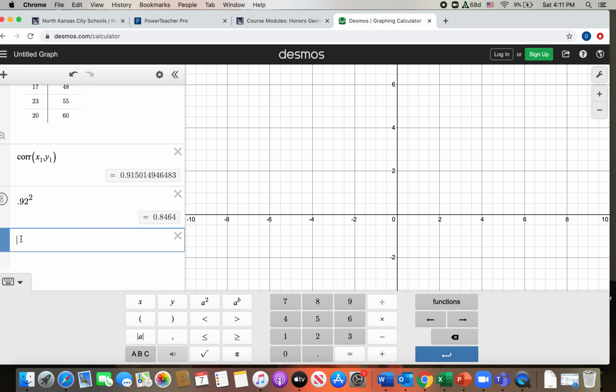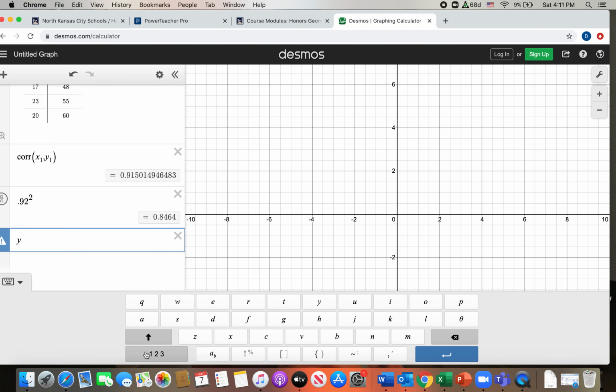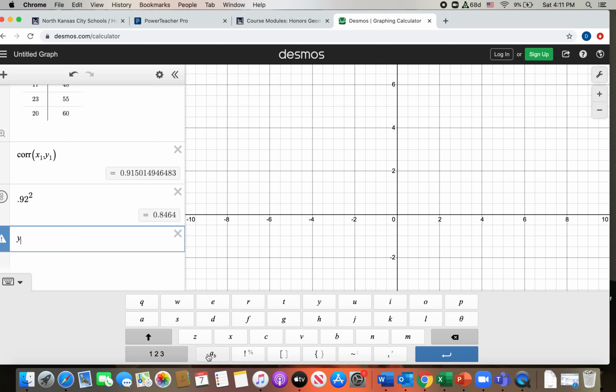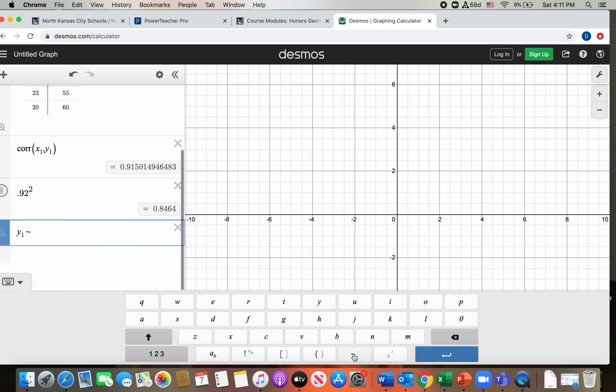Then let's do a line. Y equals mx plus b is the one we memorized, but this one will be y sub 1. Then you look for this squiggle. Instead of equals, put that.